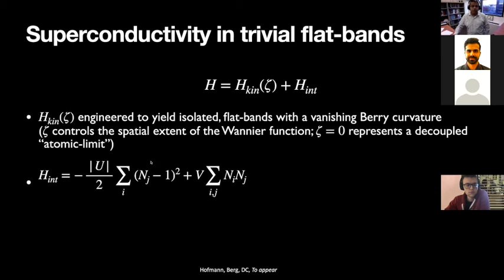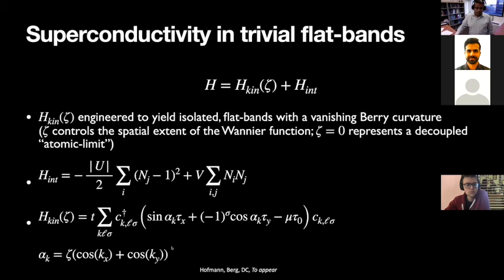So there's some local attractive U Hubbard-type interaction that favors the formation of spin singlets, and then you have some nearest neighbor interaction, and we can tune the sign of this to be either attractive or repulsive. Just to show you the explicit form, the Hamiltonian is of this type. And so zeta helps control the extent of the Wannier function, basically not by tuning the energetics, but by tuning the form of the Bloch functions.